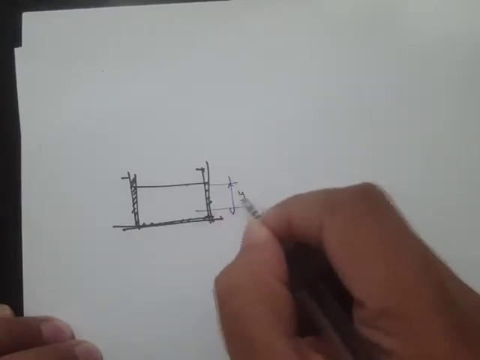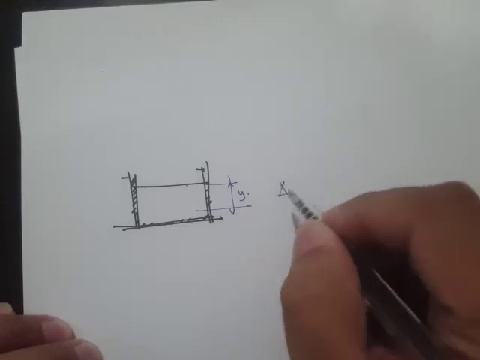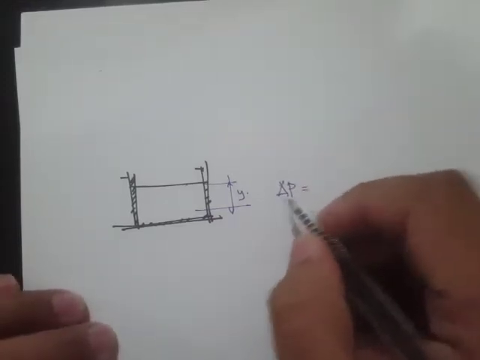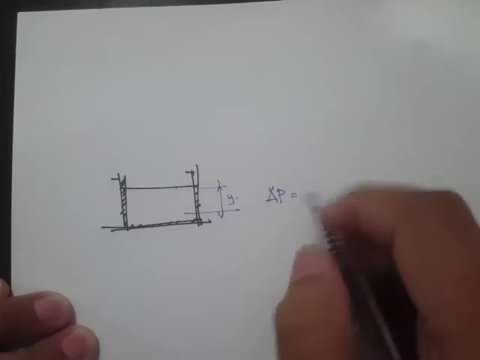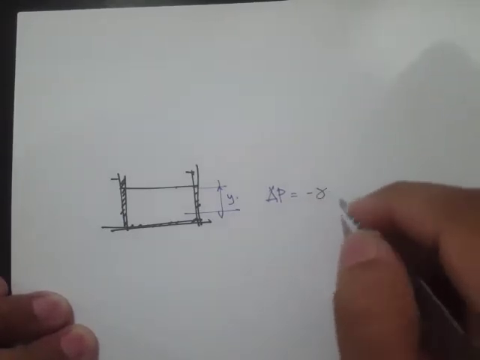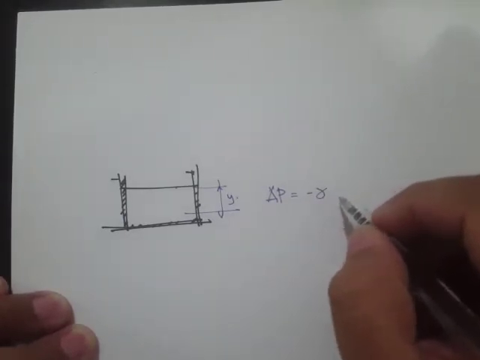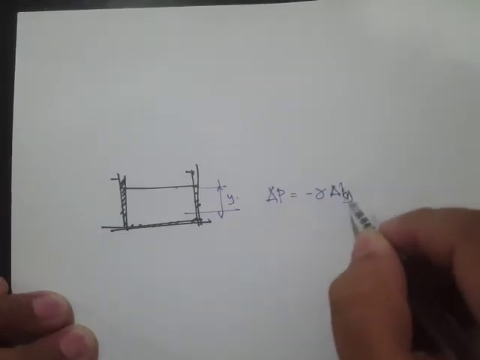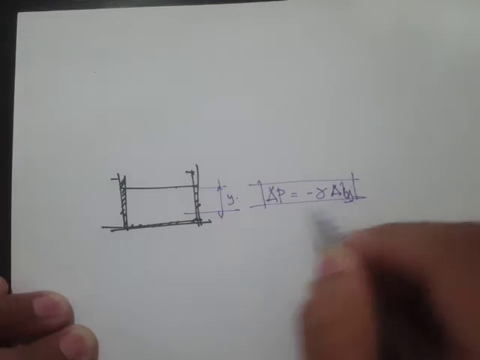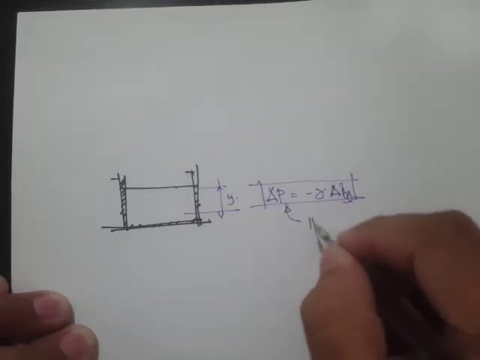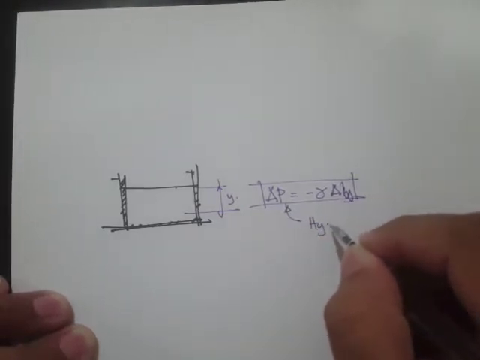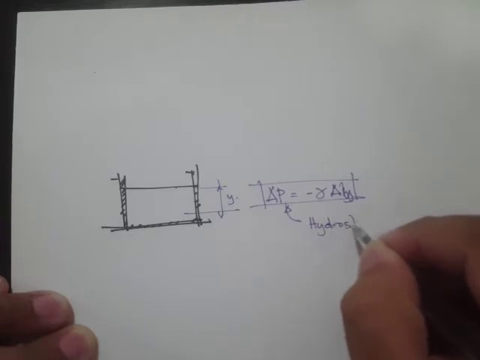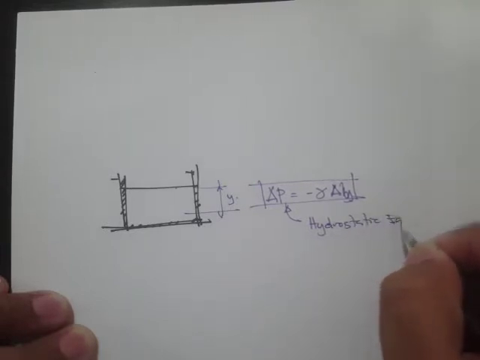So our pressure equation from the hydrostatic equations is delta P equal to the negative of the unit weight times delta H or delta Y. We have learned this, and we know that this is the hydrostatic equation.